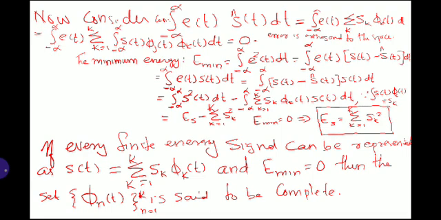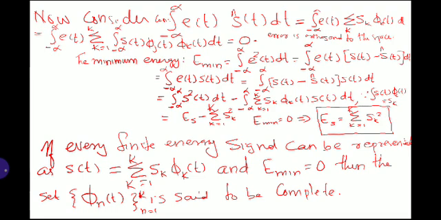So I can write this as, ultimately, the first term, integral minus infinity to infinity s square of t dt, is actually the energy of s of t. So it is equal to Es minus sigma k equal to 1 to k, Sk into sk is sk square. So that is the energy equal to Es minus sigma k equal to 1 to k sk square.